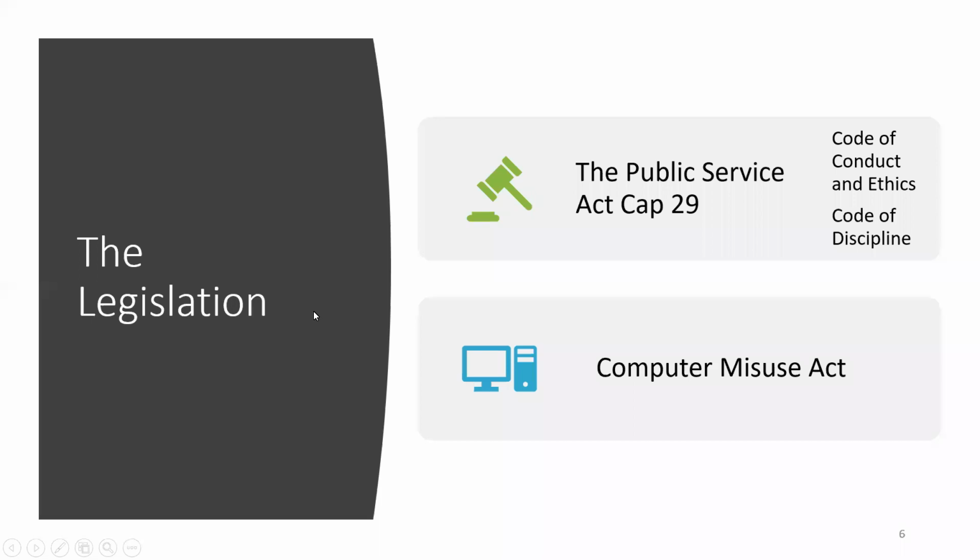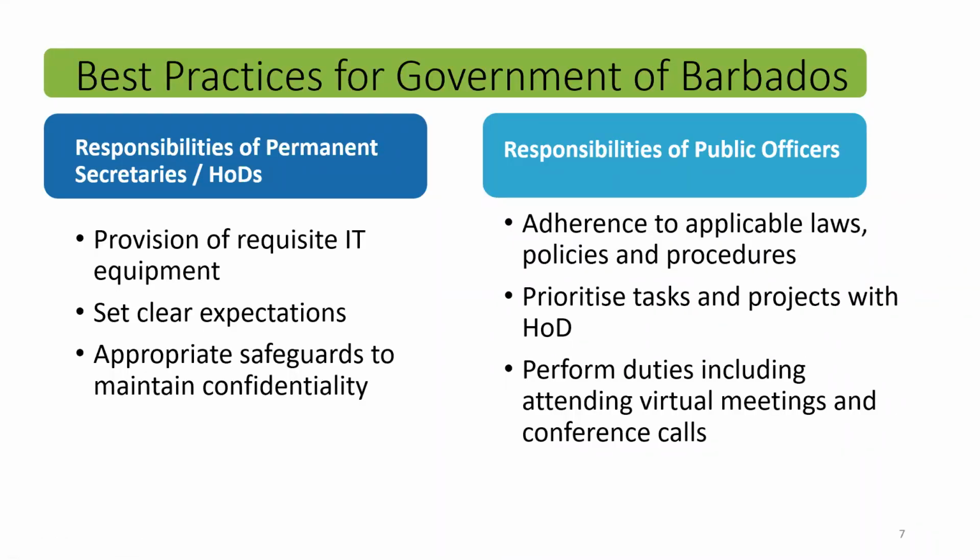And the Computer Misuse Act makes provision for the protection of computer systems and the information contained in these systems from unauthorized access, from abuse by persons authorized to have access, and related matters.